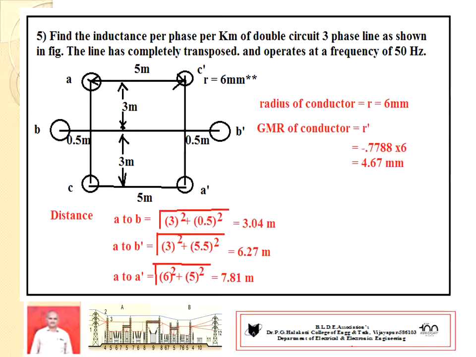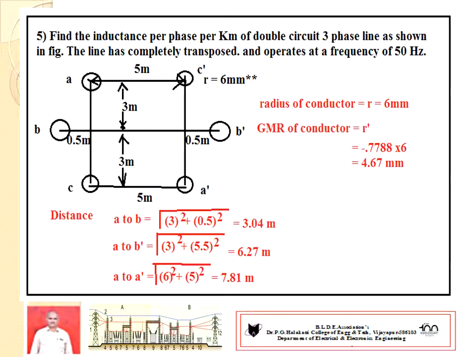Next I want to calculate the distance between A to B dash. Take the respective values: one base is 3 meter, another side is 5 meter. This distance is 5 plus 0.5, 5.5.